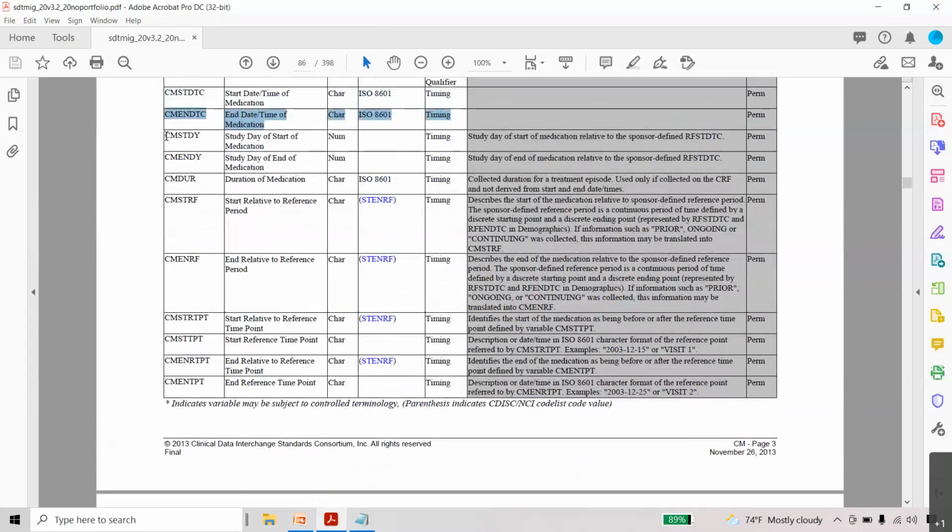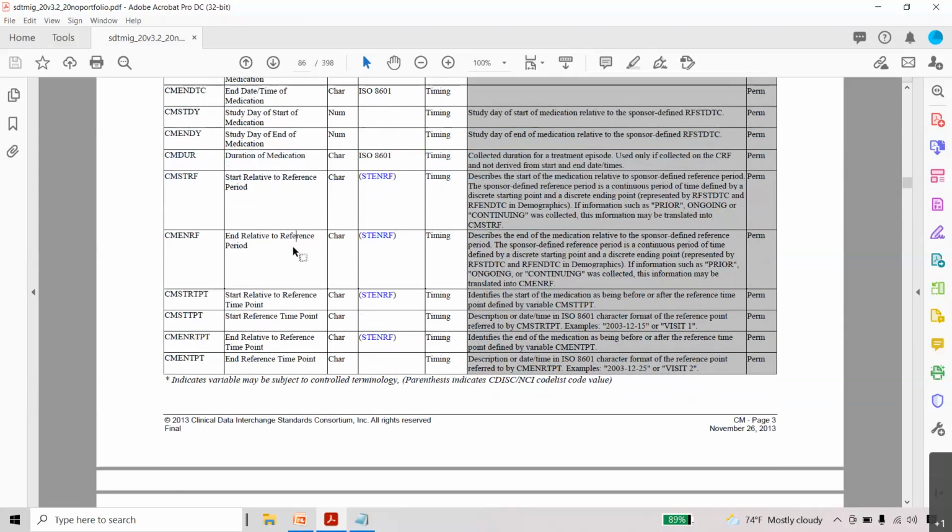Next is for calculation purposes. We use the dates CM STDY, and we also have CM ENDY, meaning the start of that medication with respect to the reference start date, RFSTDTC, and the end of that medication with respect to the RFSTDTC. We can see these values in CMSTDY and CMENDY.